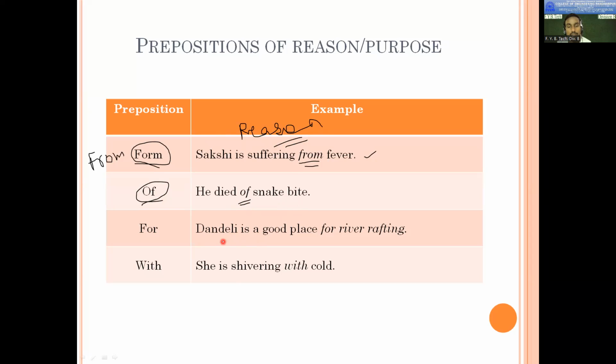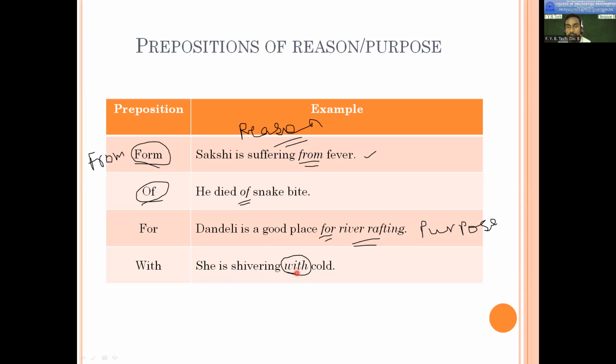Next, Dandeli is a good place for river rafting. Okay, so for which purpose? So here reason, purpose, that you people can get from for. So for what? For river rafting, like this. She is shivering with cold. Now with in a different context.